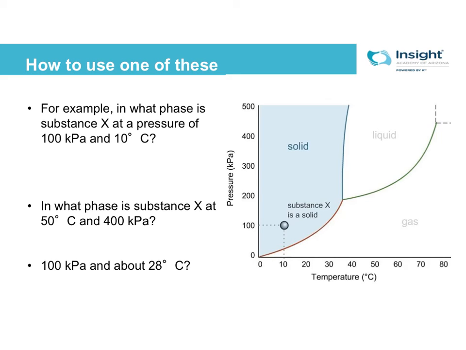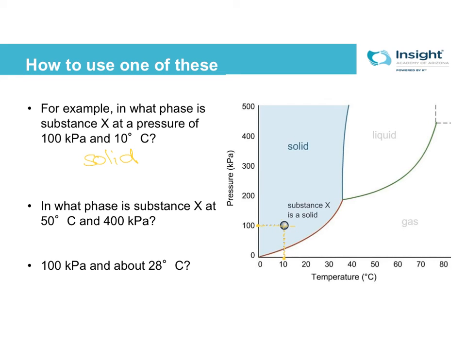Figure out where that point would be. If I go over to 10 degrees Celsius and I want to be at 100 kPa, where those intersect is where my substance would be. At this temperature and pressure, substance X would be a solid.